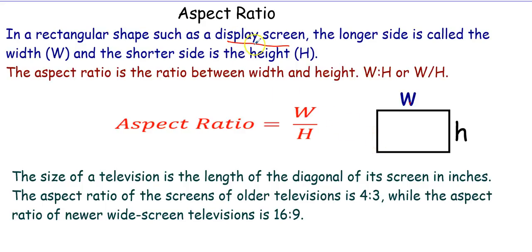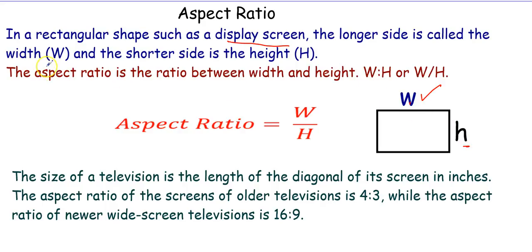Any of these display screens are always in the shape of a rectangle. In this rectangle, the side which is longer is called the width, and the shorter side is called the height.